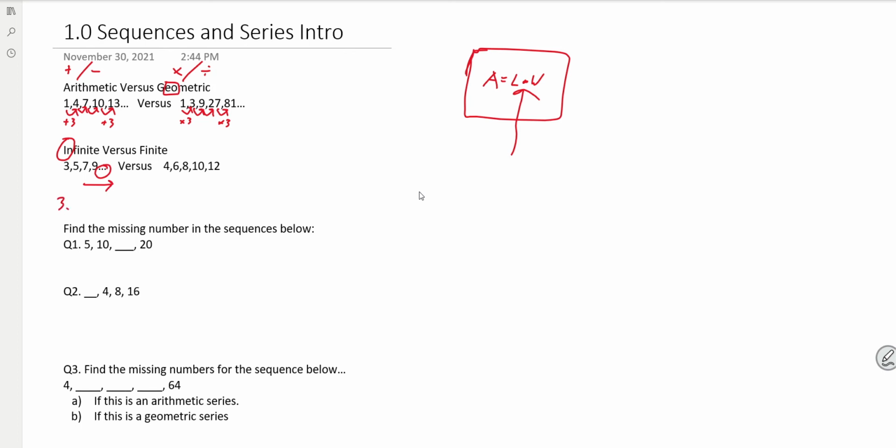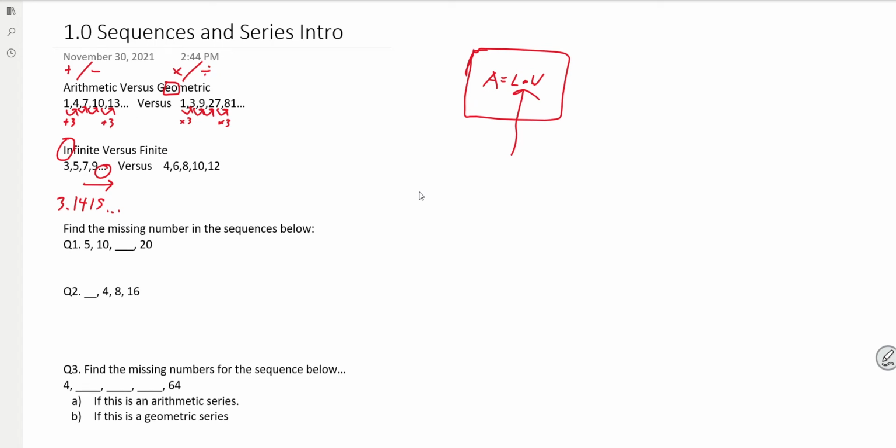Similar to when we put the dots after, let's say, pi, we're just showing that the number goes on forever. Or 3.33 and so on, showing that it goes on forever. So that's a similar idea here, whereas a finite set has just those numbers in there.